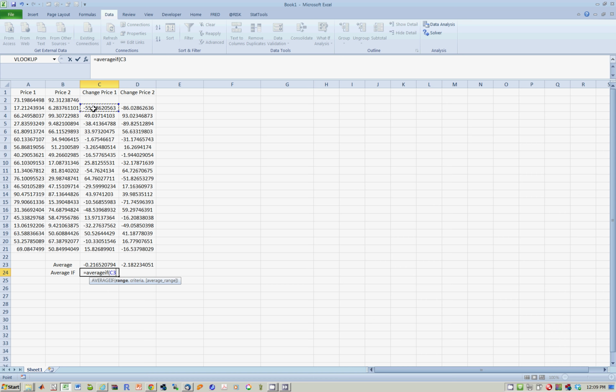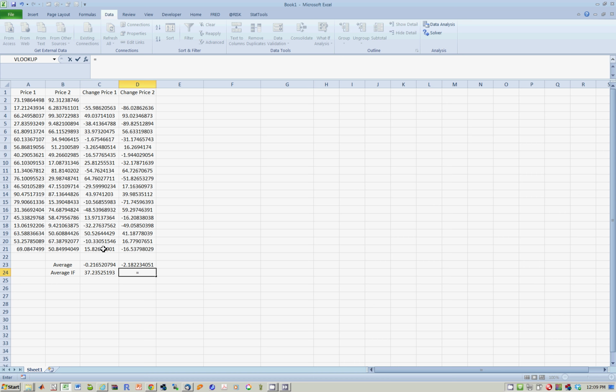Well, the criteria is over here. The criteria itself is I only want changes in prices that are positive, and it's asking me which numbers am I taking the average of. So I do this, hit enter, and that gives me the average of just the positive price changes.